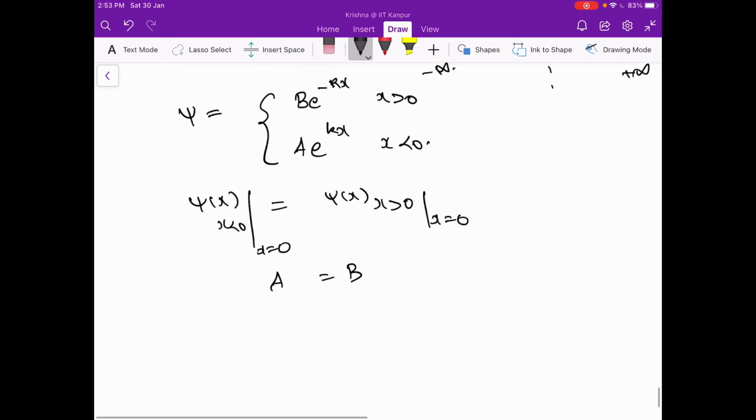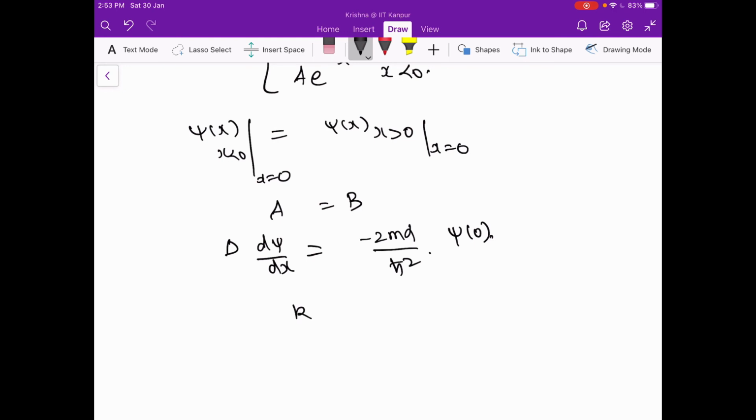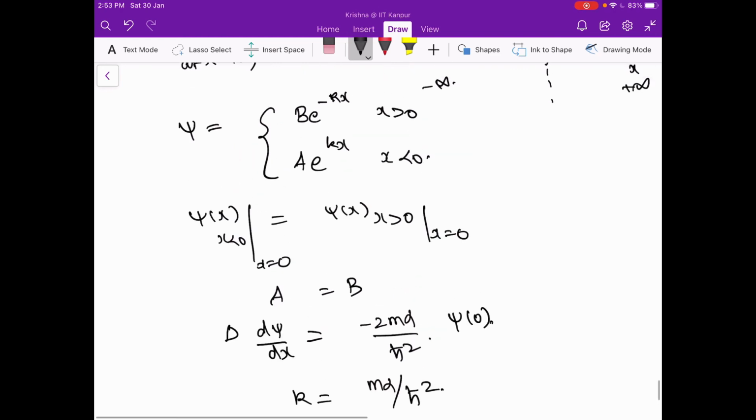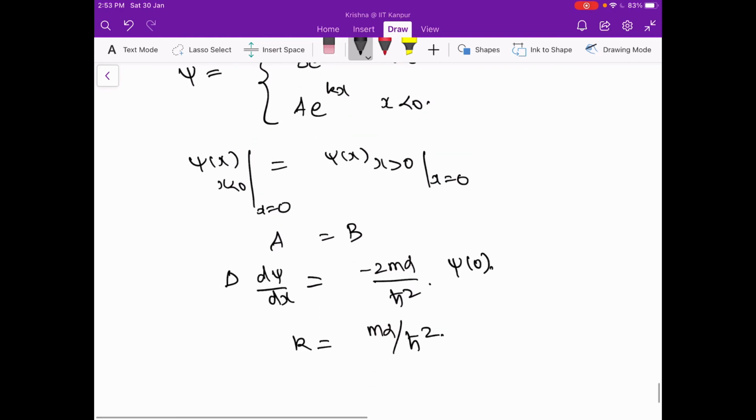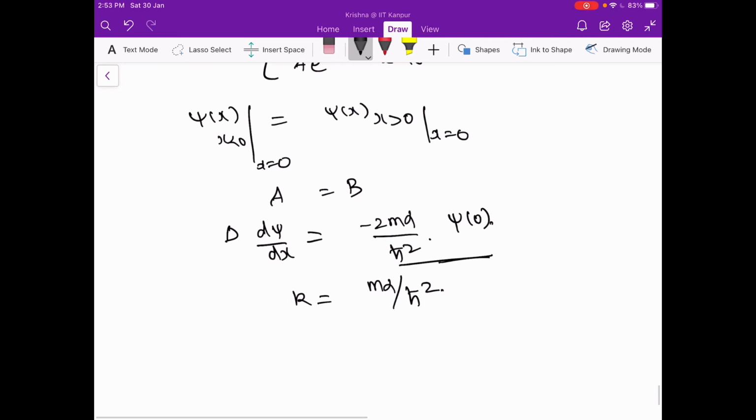And the second condition, that the derivative d psi of x by dx should equal minus 2m alpha by h cross squared psi of 0, will give us k equal to m alpha by h cross squared. We just have to differentiate this particular value and then subtract it and make it equal to this value. You will get the solution of k to be equal to this, right?